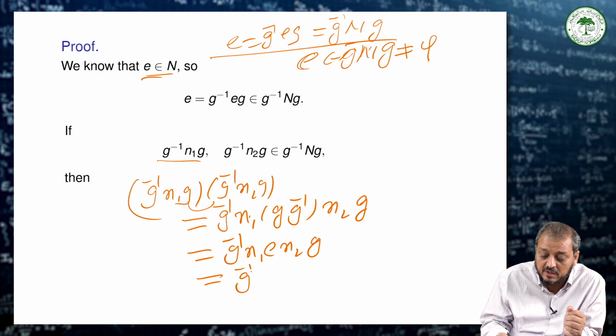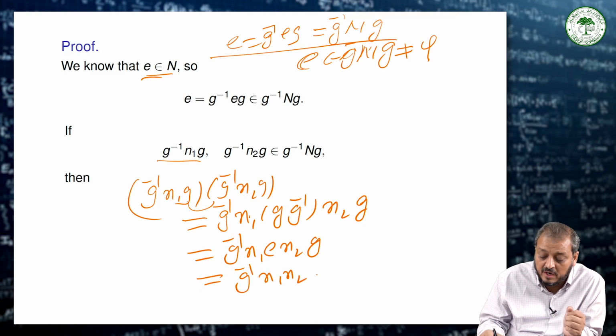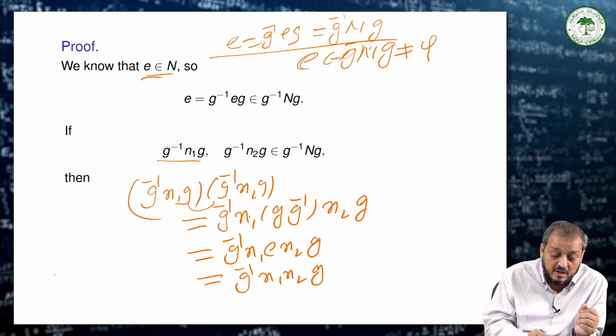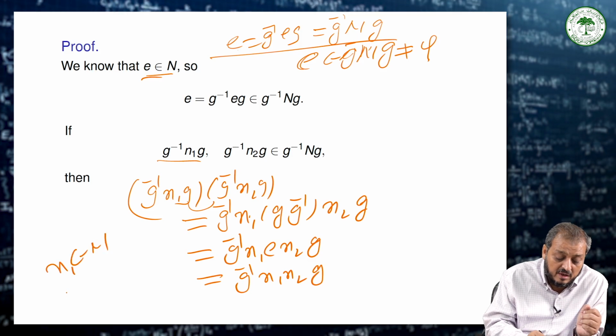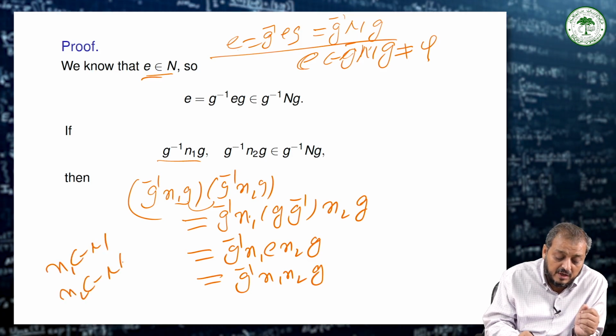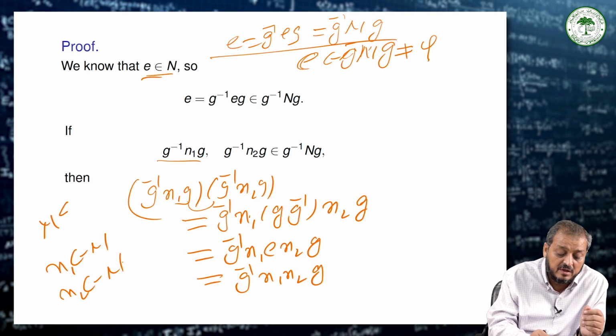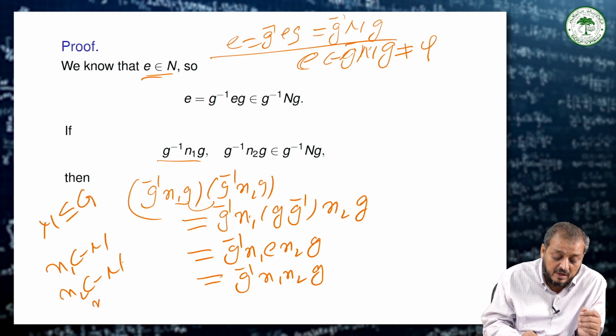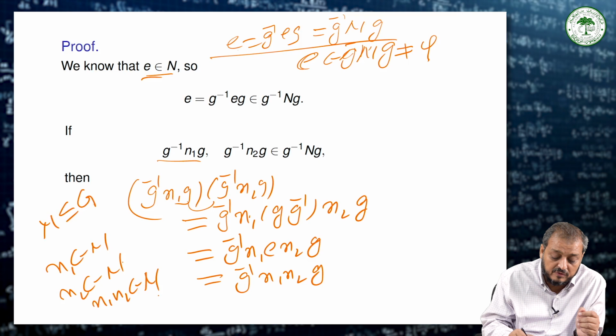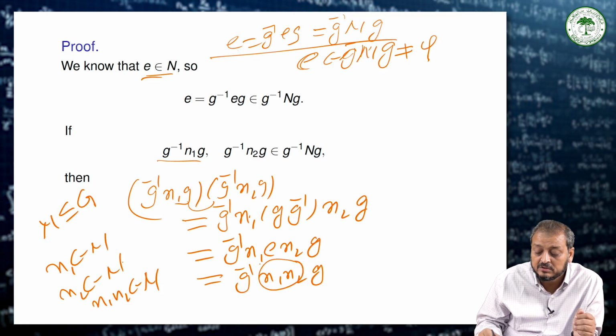This can be written as g inverse n1 n2 g, where n1 is an element of N and n2 is also an element of N, and because N is a subgroup of G, n1 n2 is an element of N. So this whole thing is an element of N.